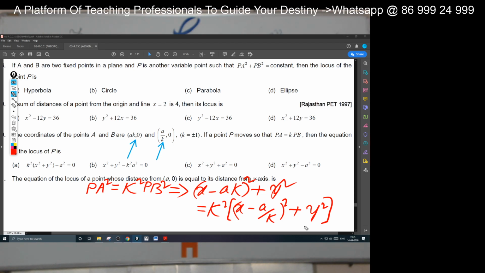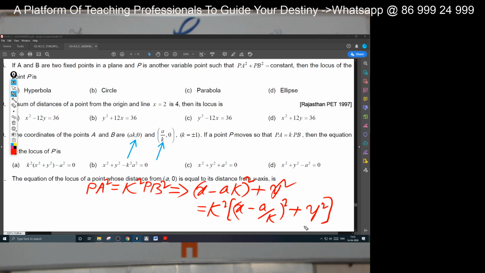Samegar, is it visible? Simplify and check the options, please. You have to tell me the answer.